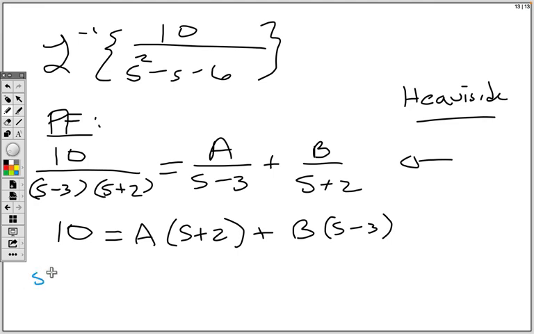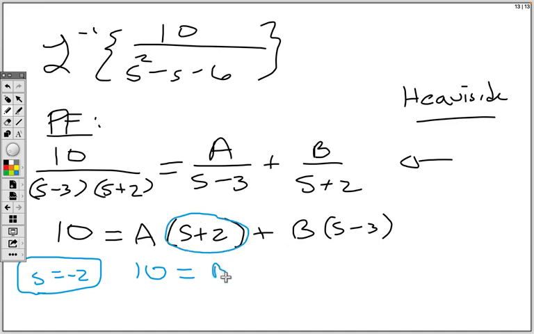I could plug in s equals negative 2. If I plug in s equals negative 2 into the left-hand side, I just get 10. When I plug s equals negative 2 into the right-hand side, this factor is going to cancel out, and I'll just be left with B. So what do I get for B then?